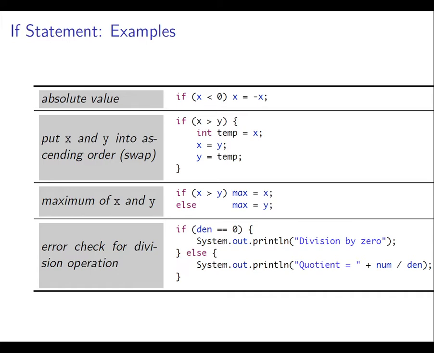So in this case, if it is true, we are going to print out division by 0, and if it's not true, then we're going to actually do a division sum. We're going to print the result quotient equals num, which is presumably some kind of numerator variable assigned previously, divided by that denominator, and we know that that's safe because we just checked that it wasn't 0. Remember, if we did try to divide by a 0 denominator, then we would get an exception raised at runtime, and presumably the idea of this program is that we don't want that to happen.